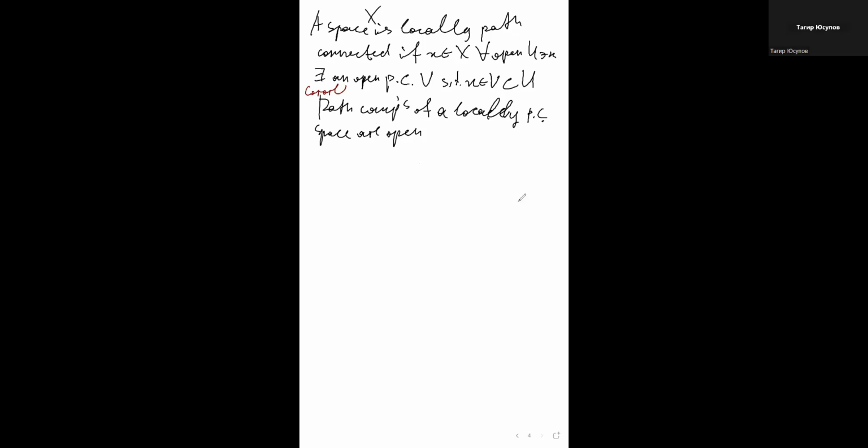Okay, let me erase this. Exercise: path components of a locally path connected space are open, which basically follows straight from the definition.